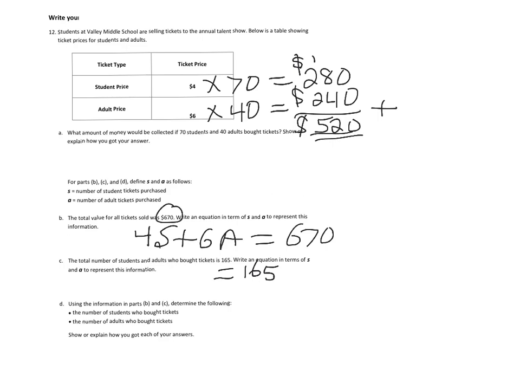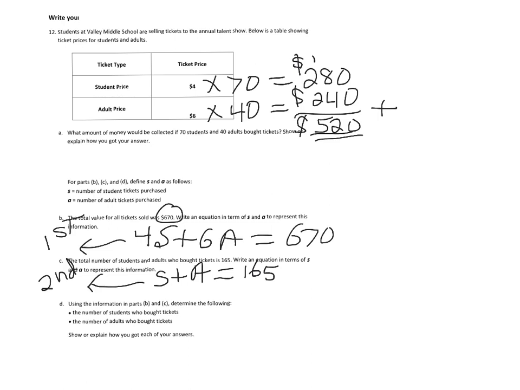It's the number of students, S, plus adults, A. There you go. We have 2 equations now. I'm going to call this the first equation and this the second equation.